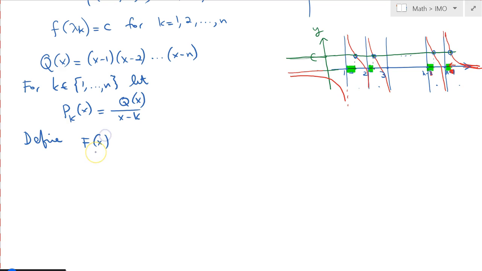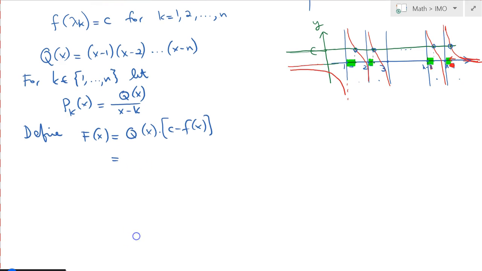Now we can define capital F of x as equal to q of x times c minus f of x. This is a very special construction for a good reason, but let me first expand and calculate this quickly.